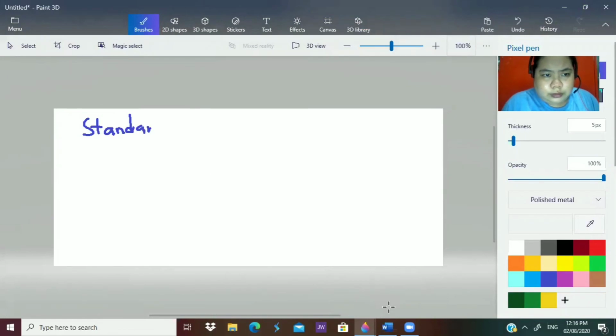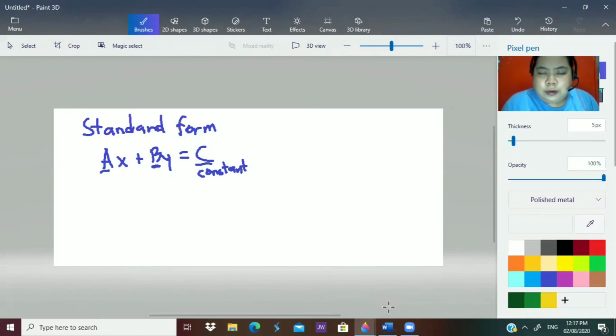Sa standard form, si standard form is in the form ax plus by equals c, where a and b is numerical coefficient ng x natin, and c is constant, any number.